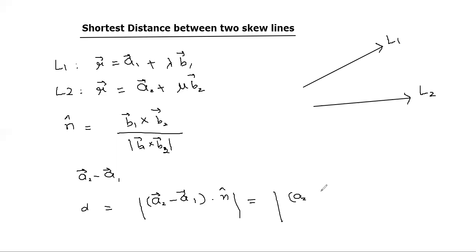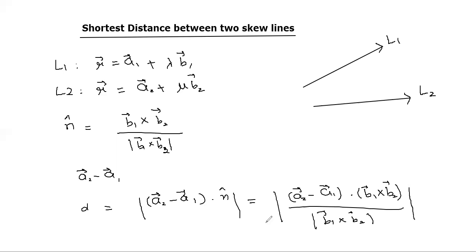So it will be this equation: the absolute value of the dot product of a2 minus a1 with the unit normal vector.